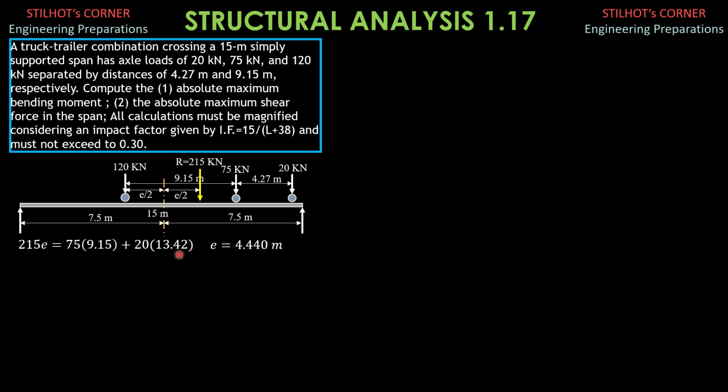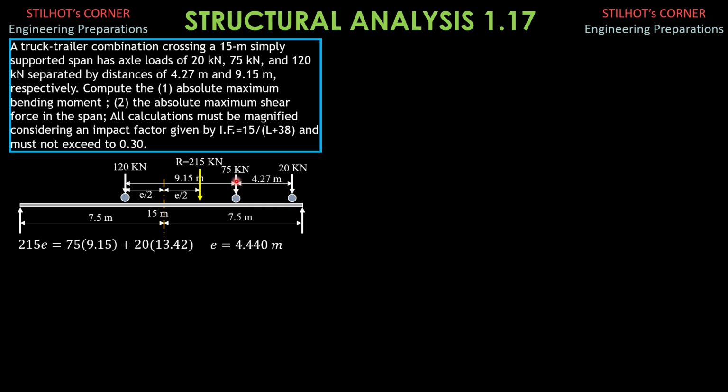So let's now check if really all these loads lie on the span. The distance from the center line to the 75 kilonewton load is 9.15 minus E over 2, that is 2.22, so that's 6.93 meters. This is not shown in the calculation, but I just mentioned it.